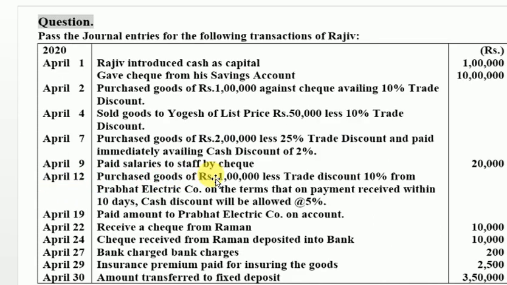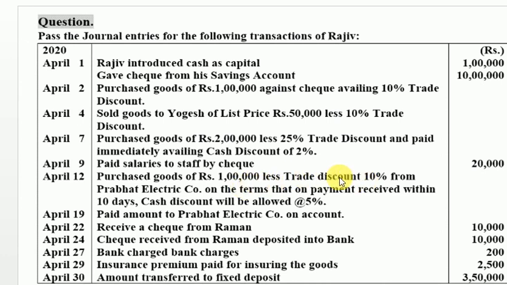Purchase goods of rupees 1 lakh less 10% trade discount from Prabhat Electric Company on the terms that on payment received within 10 days, cash discount will be allowed at a rate of 5%. Children, listen carefully. The goods purchased are worth rupees 1 lakh and trade discount is 10%.